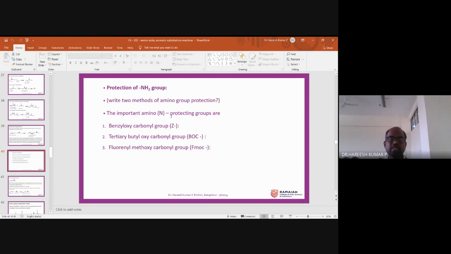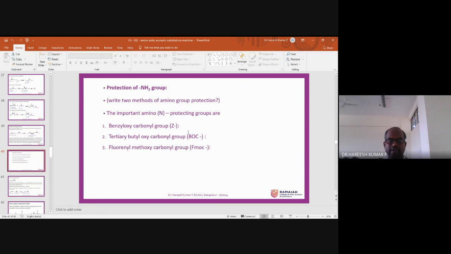So for N protection or amino protection, the important ones are the benzyl oxycarbonyl group. The benzyl oxycarbonyl group is represented as Z. So Z means benzyl oxycarbonyl group. Then the tertiary butyl oxycarbonyl group; here you can write a small t.